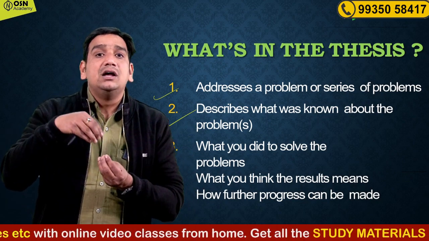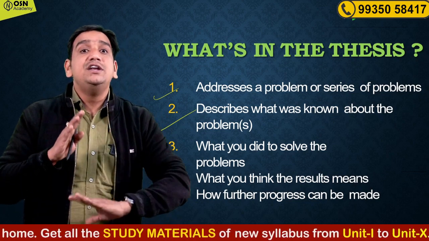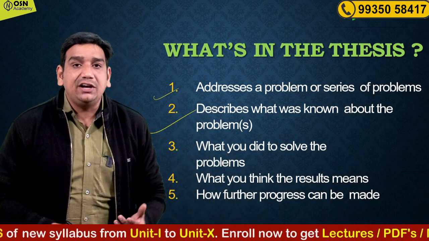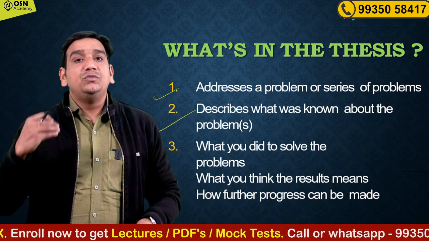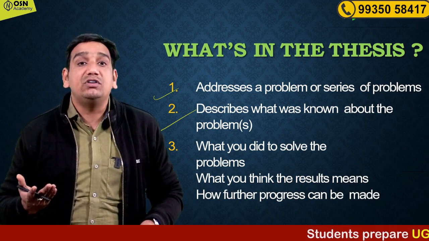That's why we consider this an original research work, not copied matter from any other researcher, right? So here we have to describe the information that we had in the beginning related to our research problem or research topic.